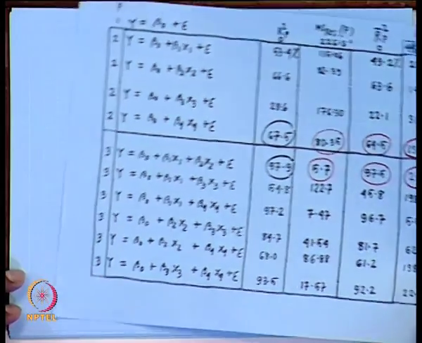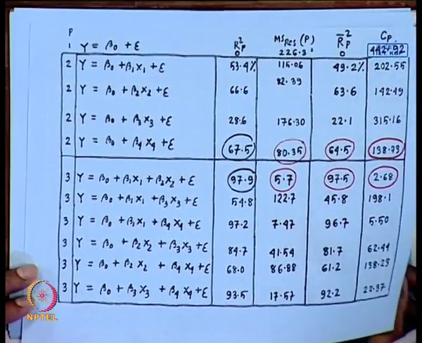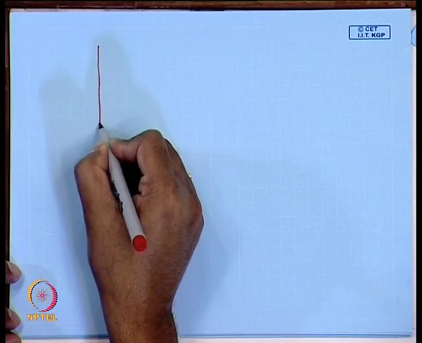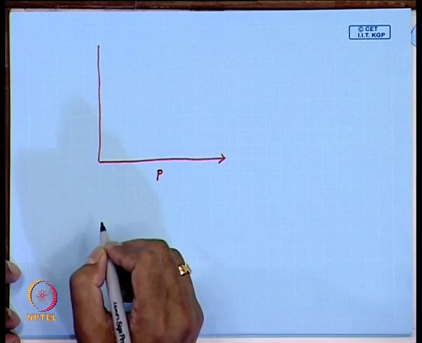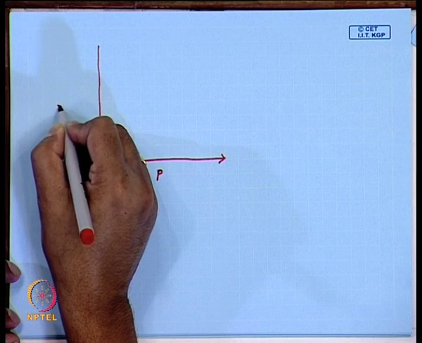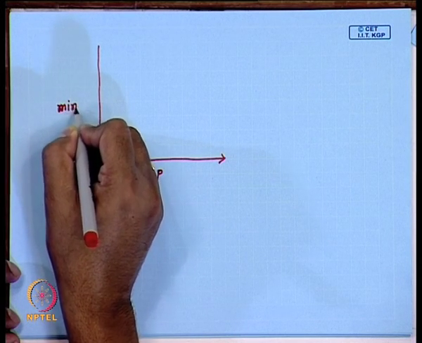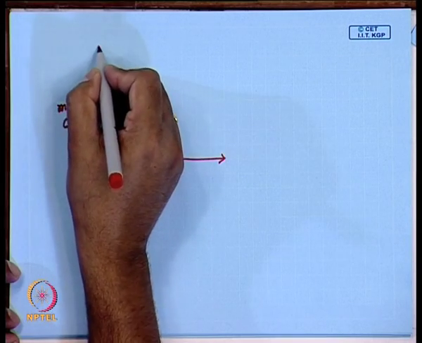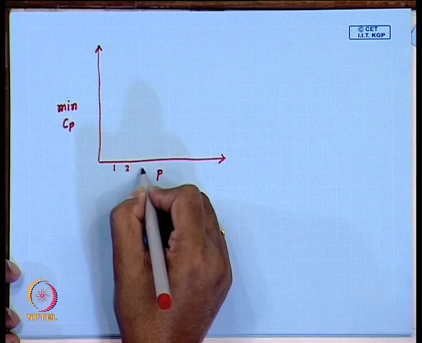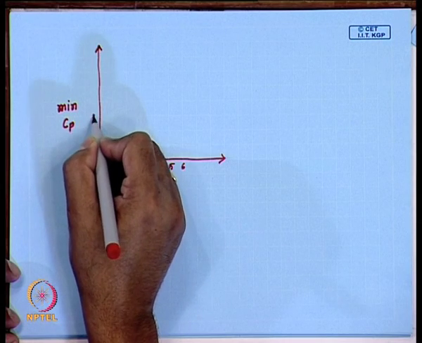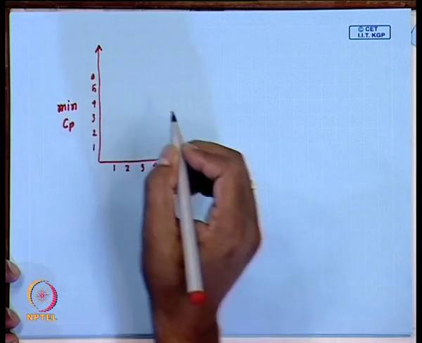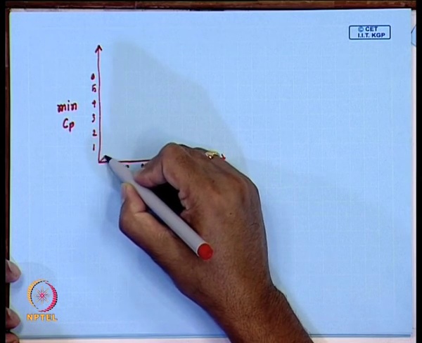Well, so here again you can plot Cp against p. Here is p along the x axis, and you plot minimum Cp along the y axis. So, 1, 2, 3, 4, 5, 6, and here also write 1, 2, 3, 4, 5, 6, because I want to draw the line Cp equal to p.